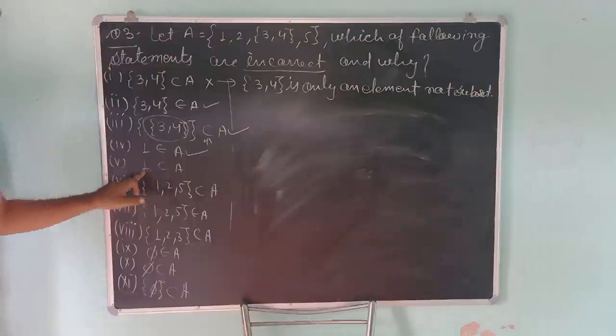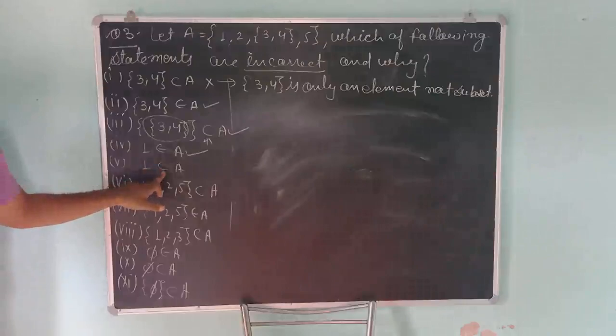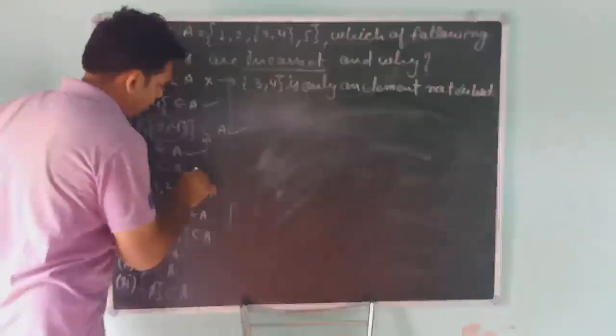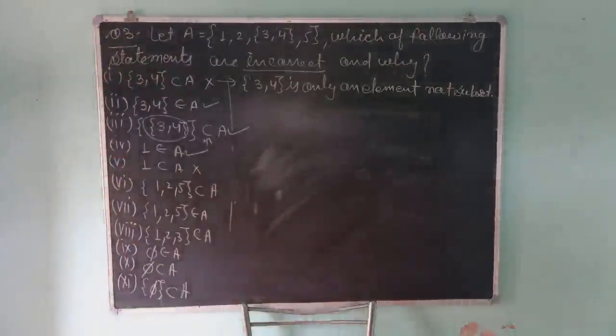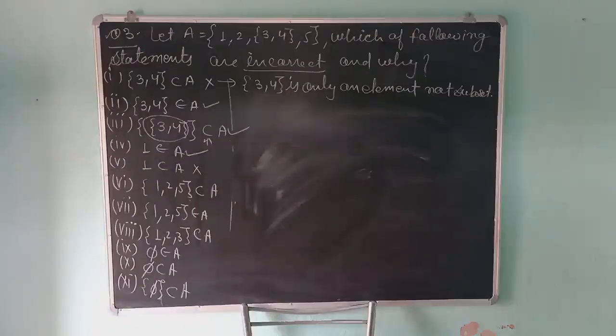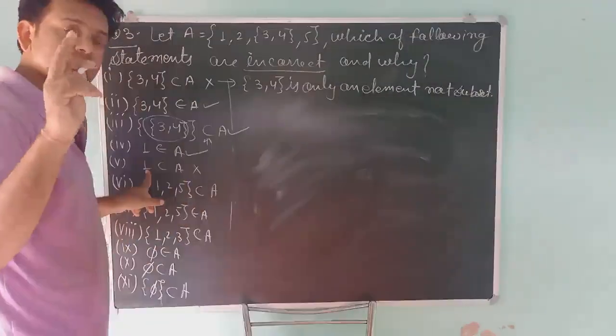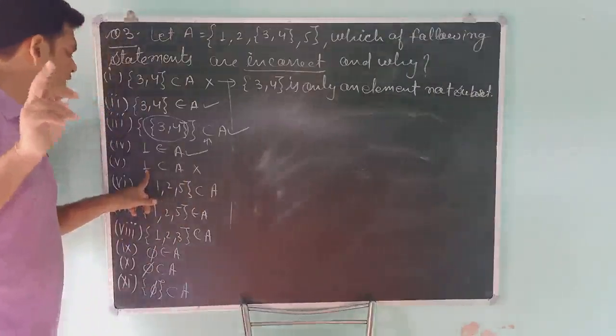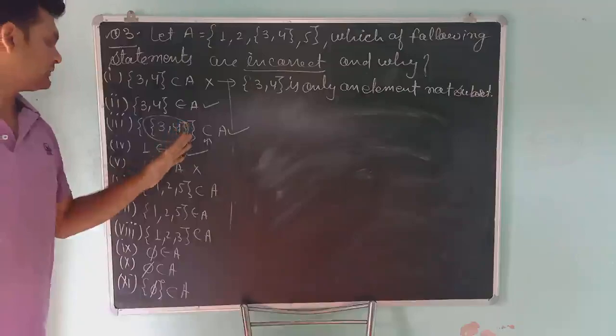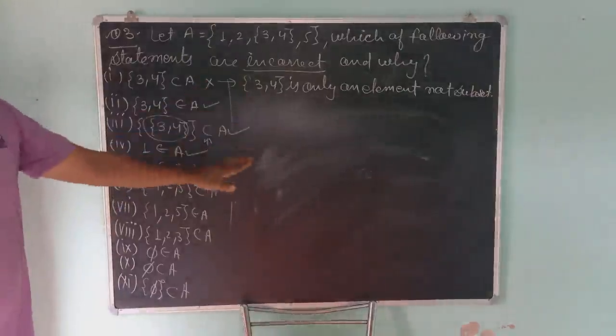According to my idea, this is not a subset, this is only an element. So this statement is false. And now you have to tell why this statement is false. The same reason you can write: 1 is only an element, not a subset.